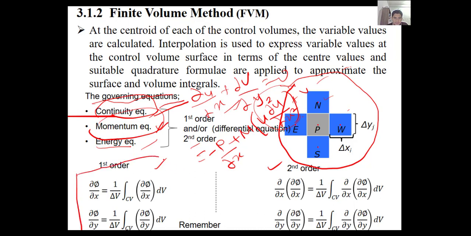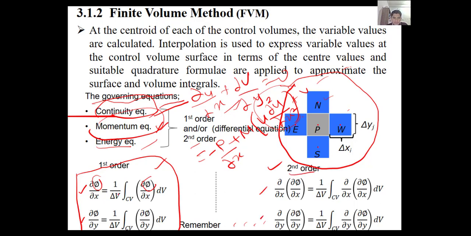For the first order, for the x direction, this is the equation, which is the partial differential of psi. Psi here can be replaced by u, v, p, and T. So x direction and y direction, similar to the second order, x direction and y direction.